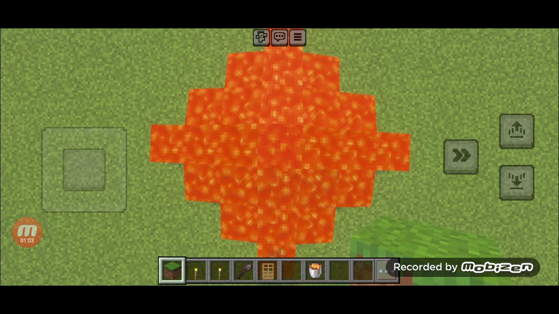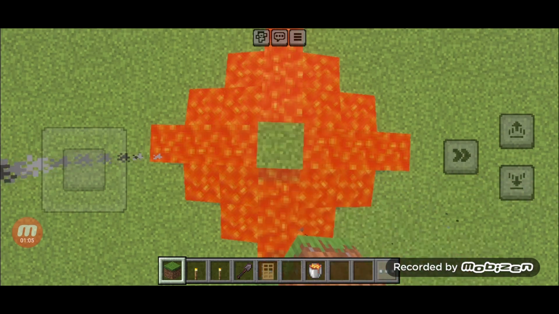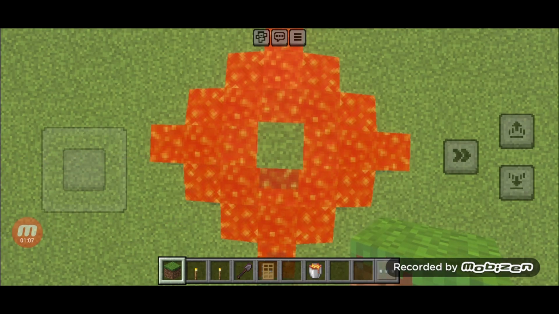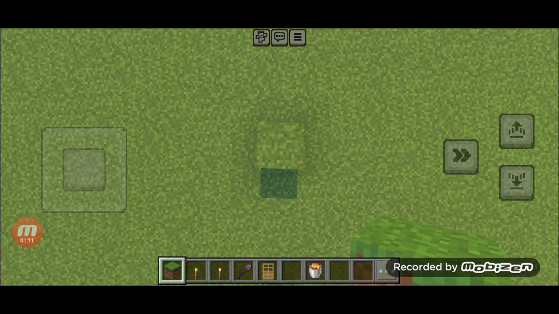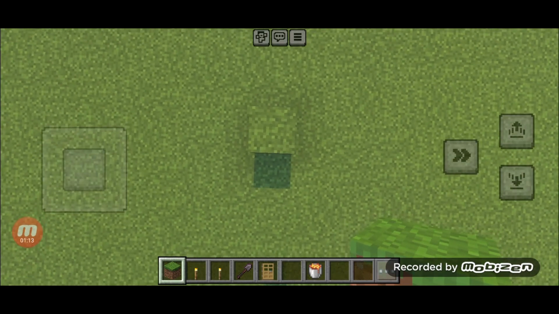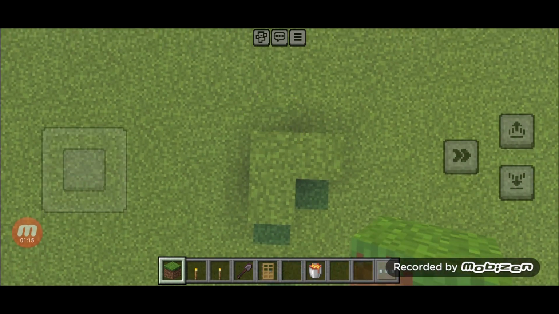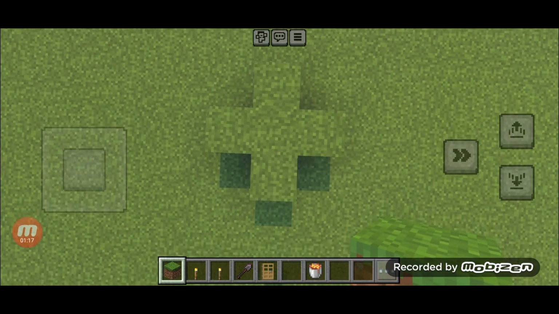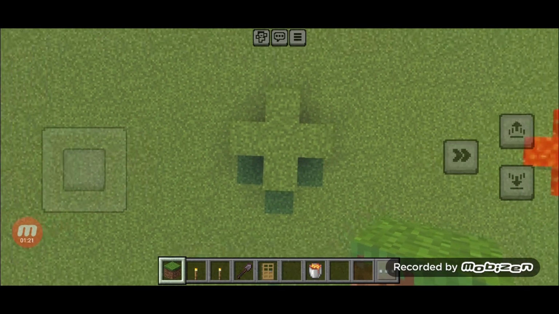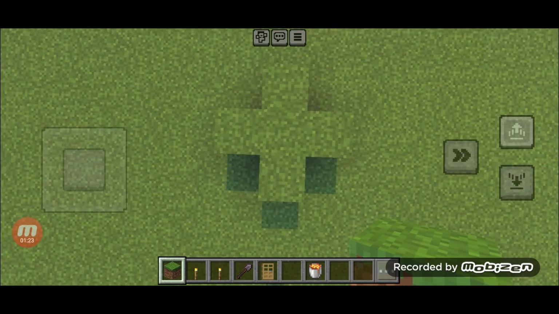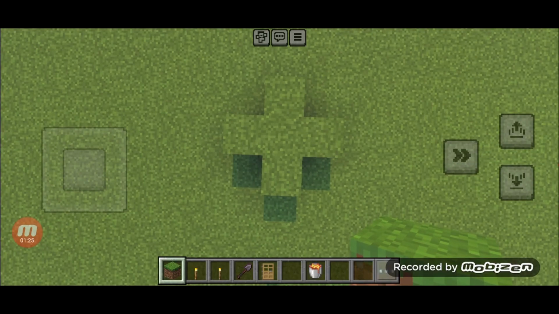For example, the lava starts out at this middle block, and then it moves to this block and this block, one at a time. So four surrounding blocks around this block.